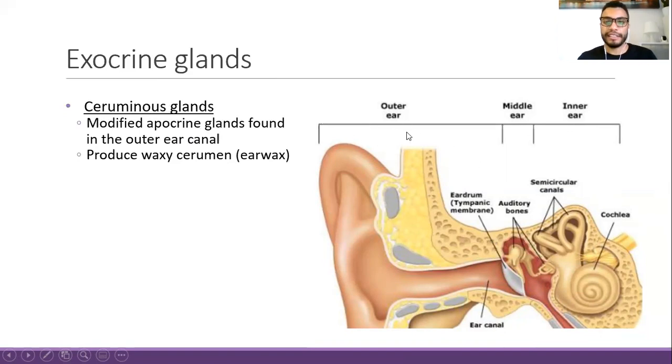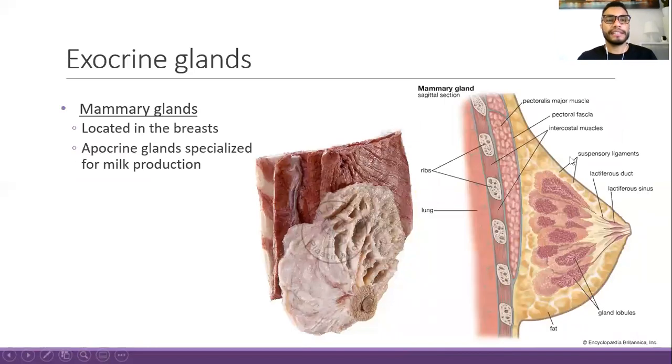So here is the ear, the outer ear is here. In this epithelium, we have lots of ceruminous glands, and they produce waxy cerumen, or earwax.